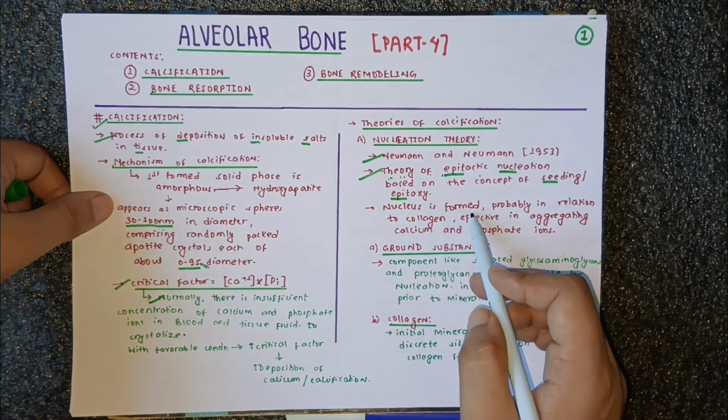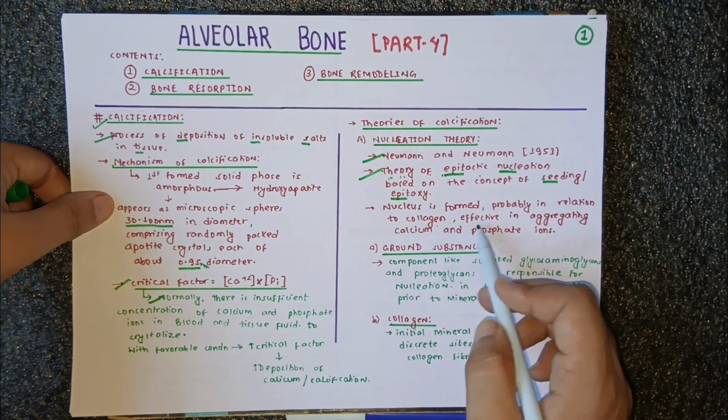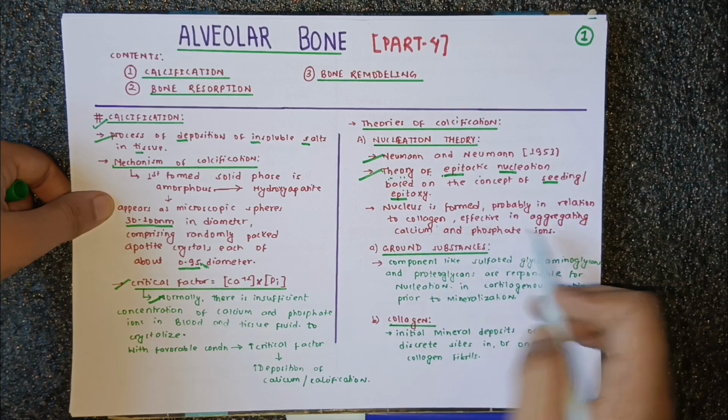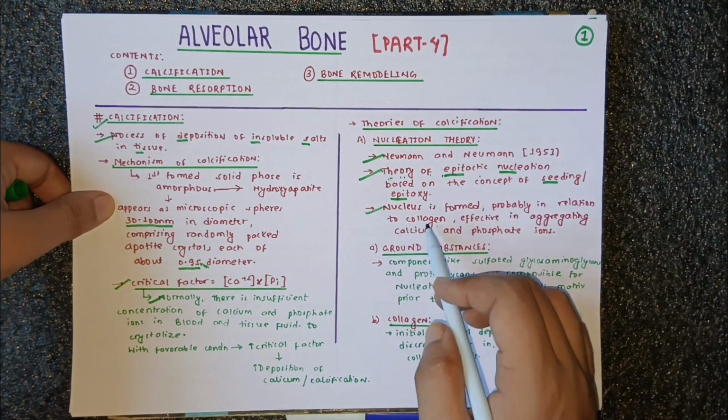After that, nucleus is formed, probably in relation to the collagen, effective in aggregating calcium and phosphate ions. This is a very important point.